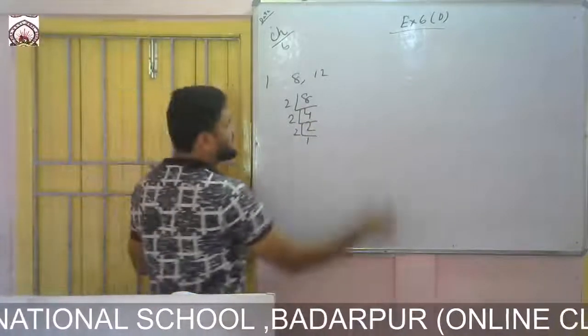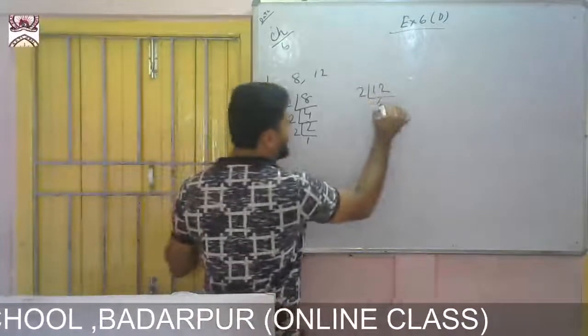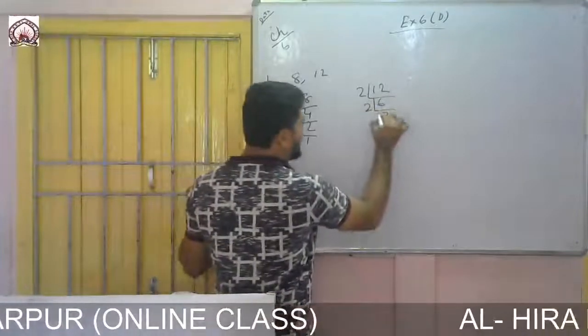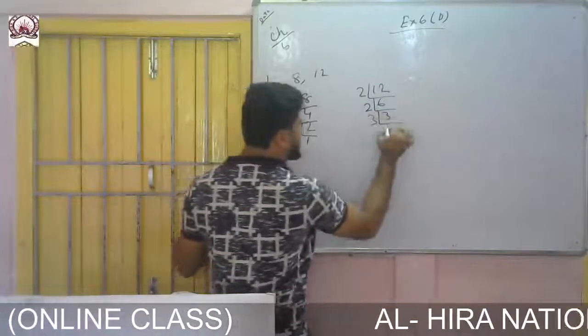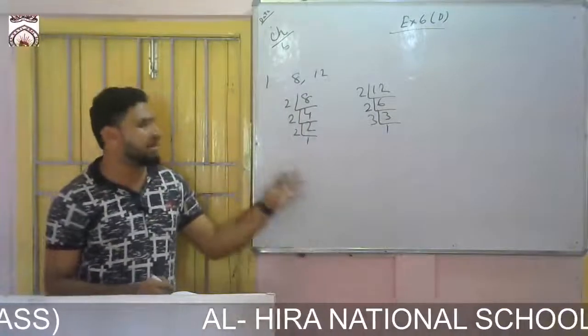Then if you prime factorize 12, 2 sixes are 12, then 2 threes are 6, then 3 ones are 3. Continue dividing until you get 1.